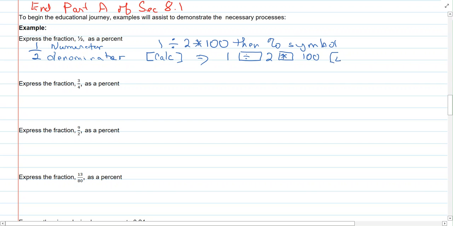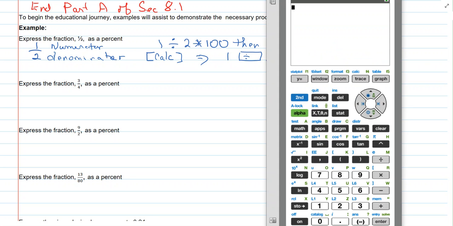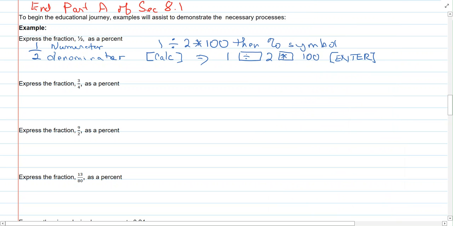And then we hit enter, because we don't have an equal sign on a graphing calculator. We have an enter. So let's do that. I'm going to have the 1 divided by 2 times that 100, and I get, of course, 50. I add my percent symbol. So this is our answer.